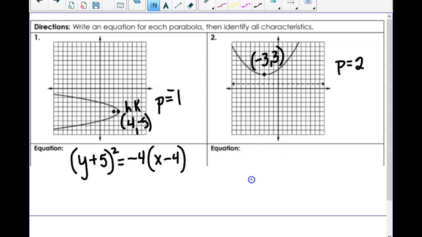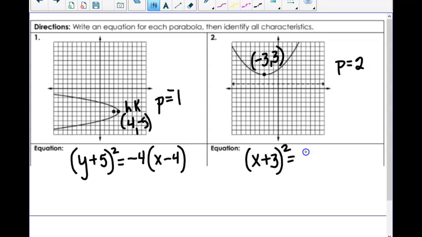Can you try number 2 on your own? You awake, Riley? So this one goes X minus H squared equals 4P.